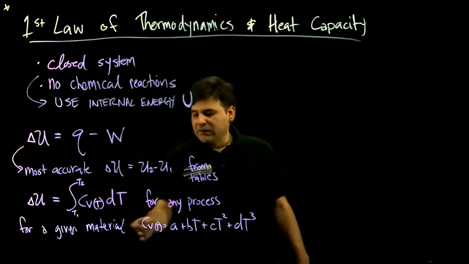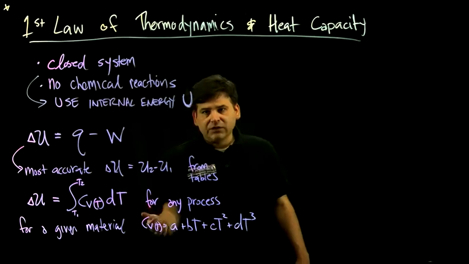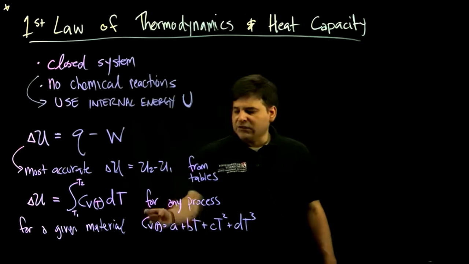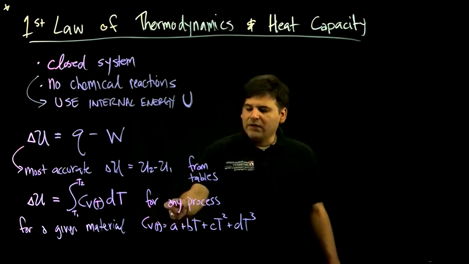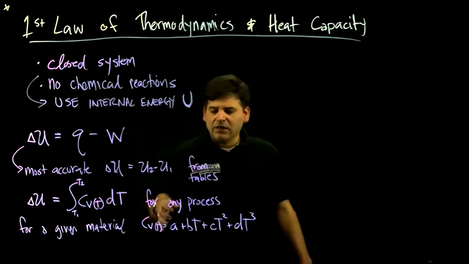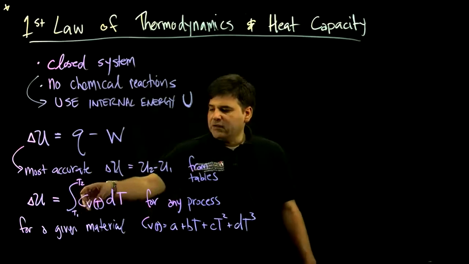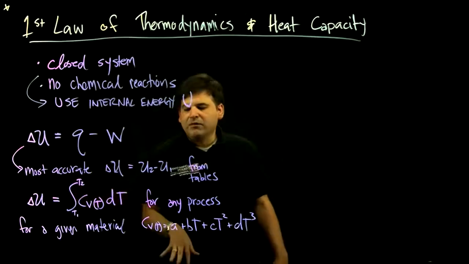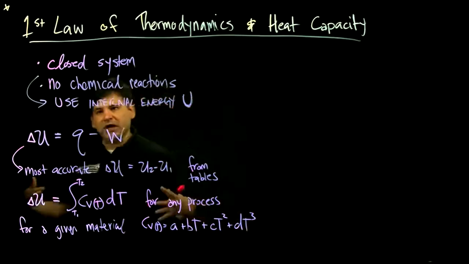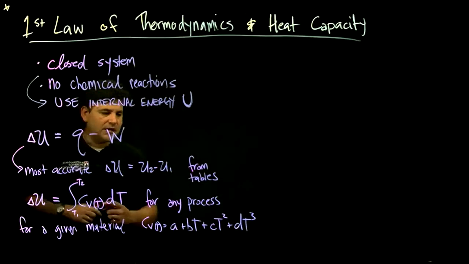And for a given material, or literally each molecule or each atom you're working with in your system, you would define these heat capacities and then relate it to internal energy and then integrate it over the temperature range of interest, or use that in the formulation to find the final temperature.